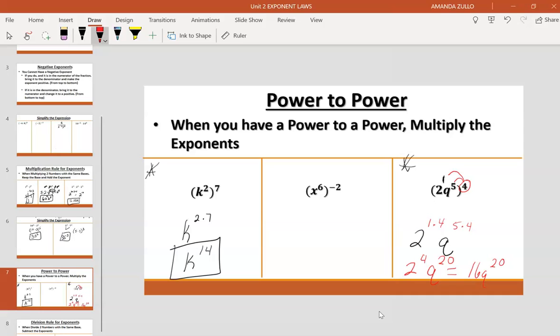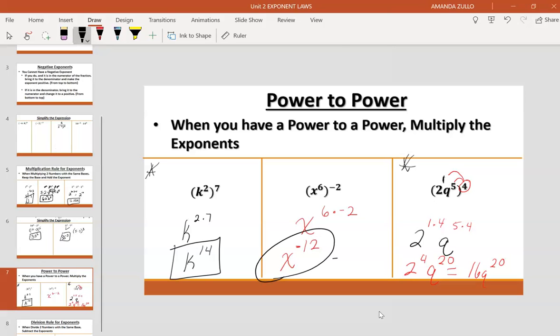Over here, this middle example, we can have a negative exponent. But I'm not going to deal with it until the end. I'm going to use my nice and easy power to a power rule. 6 times negative 2 is negative 12, but you cannot have a negative exponent.